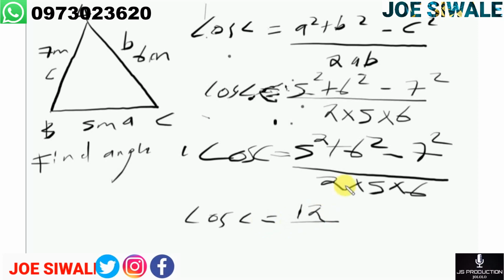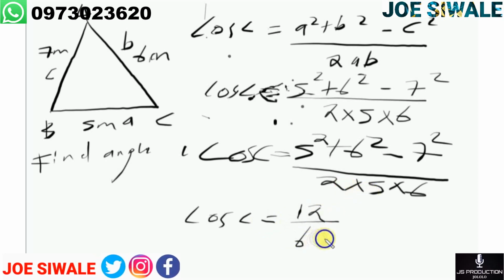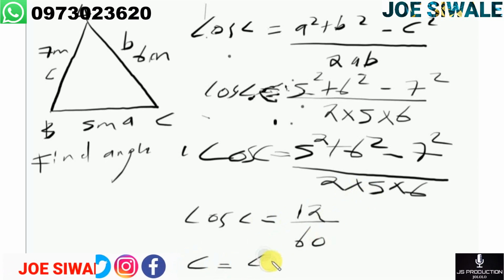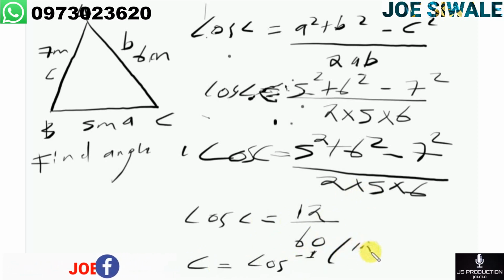So I'm having cos C is equal to, if you punch on the calculator 5 squared plus 6 squared minus 7 squared, that's going to give you 12, over, if you punch on the calculator 2 multiplied by 5 multiplied by 6, that's 60. So to find the value of C, I'll say angle C is equal to cos inverse of 12 divided by 60.